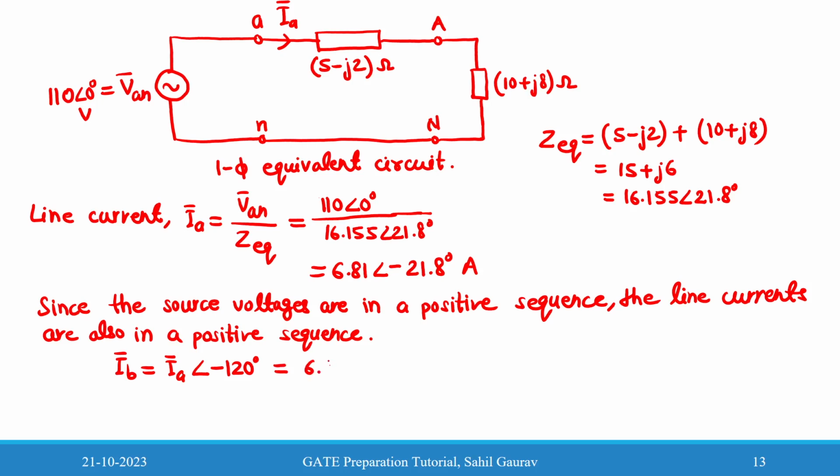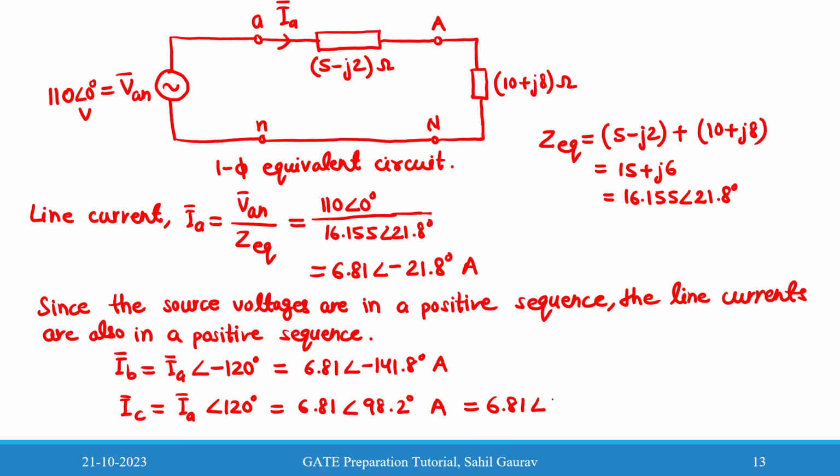So it will be 6.81 at the angle of minus 141.8 degree ampere, and IC will lead the line current IA by 120 degree. So it will be 6.81 at the angle of 98.2 degree ampere. Or if one wants to write in minus 240 terms, then you can also write 6.81 at the angle of minus 261.8 degree ampere. So these are the answers for this problem.